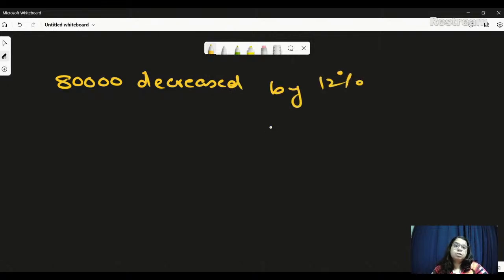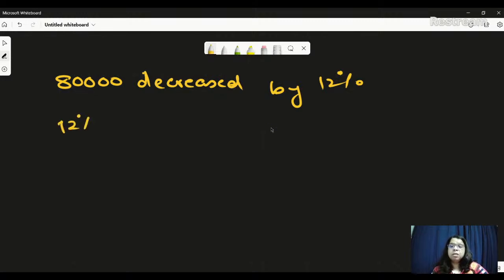Okay. So let's say we have 80,000 decreased by 12%. Now, before I proceed with this, I use Hayes and Harris MYP's grade 7 book. You can easily find it in any bookstore or on Amazon. Okay. So let's say it is a decrease by 12%. So we'll use our first method.